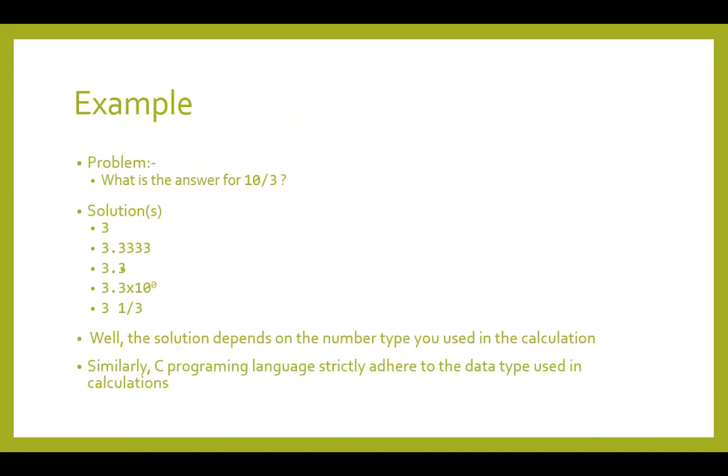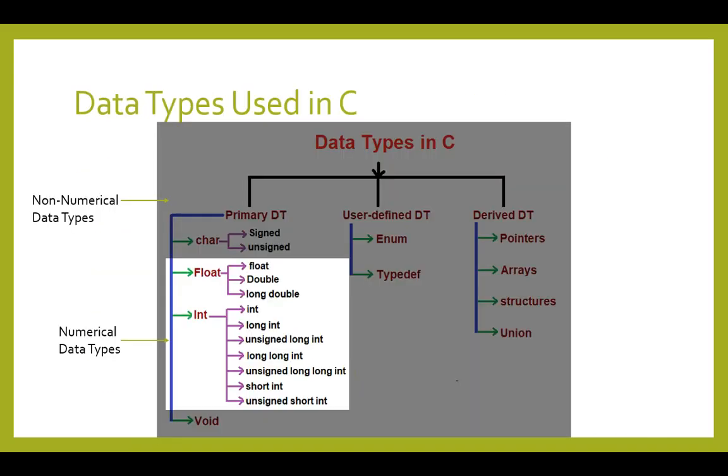So as we discussed in the last week practical, if it is a float, it has another 2 sub categories. So you can have a float, double or long double.